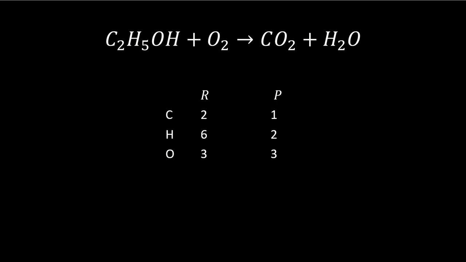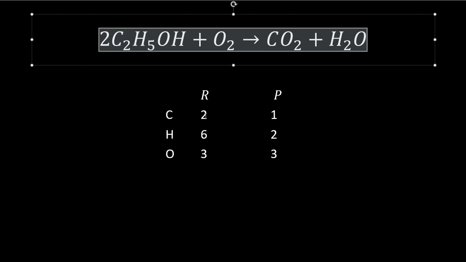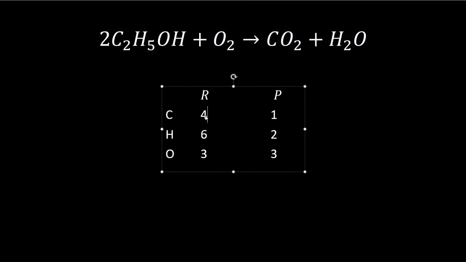Let's say we put a 2 in front of C2H5OH so that no matter what, we now have an even number of oxygen on the reactant side. Placing a 2 there gives us 4 total carbon, 10 total hydrogen, and currently 4 oxygen on the reactant side.